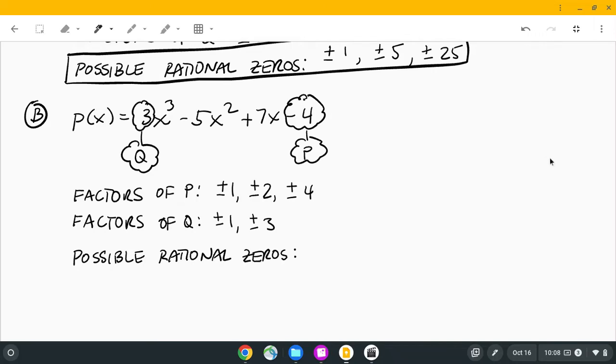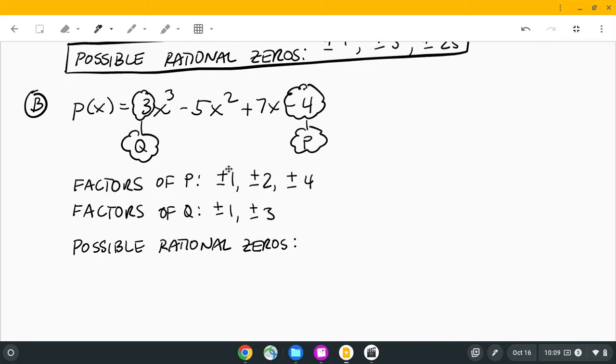All right, so they are all the combinations of p over q. So it's going to be plus or minus 1 over plus minus 1. That's just going to be plus minus 1. Plus minus 2 over plus minus 1, that's just plus minus 2. Plus minus 4 over plus minus 1, that's just plus minus 4.